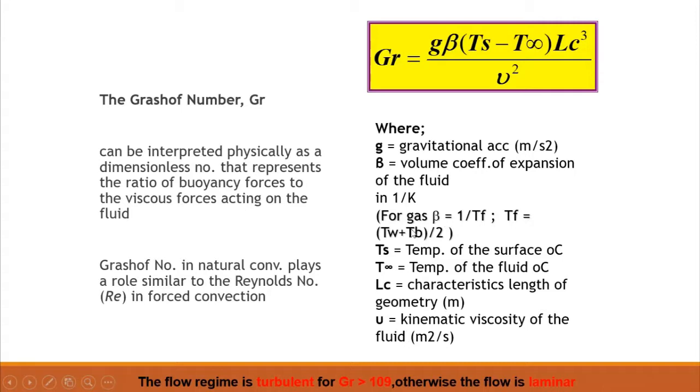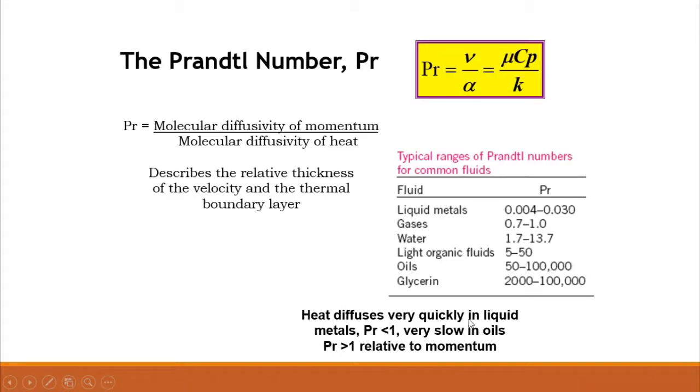We can use this. So the Lc we can include in the slide later, and the nu from the formula is the kinematic viscosity of the fluid. And the next one is the Prandtl number, Pr, which describes the relative thickness of the velocity and the thermal boundary layer.